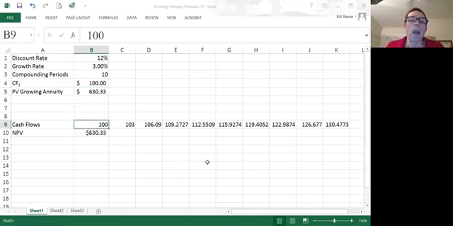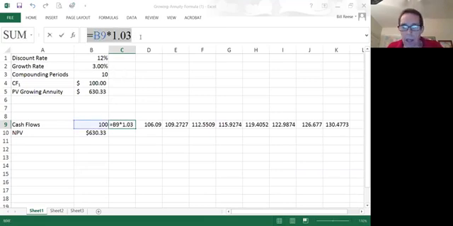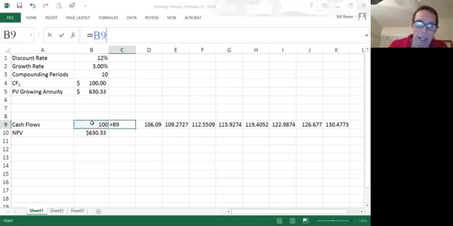You type in $100 here. Then here you do a cell reference, where you say equals, and you reference that cell right there. So you say equals, and then you click on that cell, times 1.03 right there.